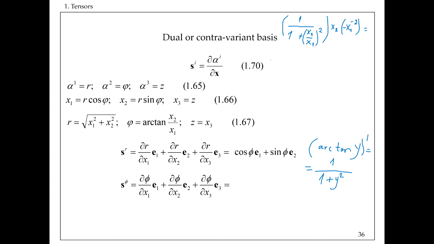If everything is correct, then we can rewrite what is here in the following way. There will be x1 squared that will eventually go up, so x1 squared dividing, there is x1 squared here plus x2 squared.